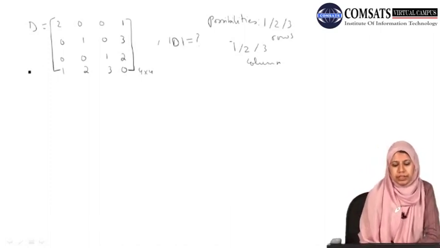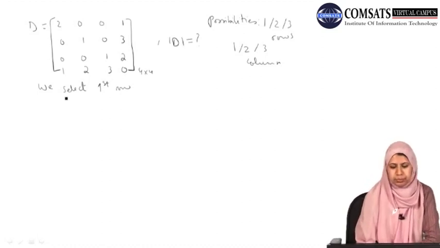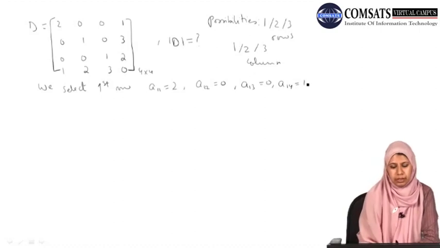For example, we start with our first row. Okay, the first row has entries A11 is 2, entry A12 is 0, entry A13 is 0 again, and the entry A14 is 1.